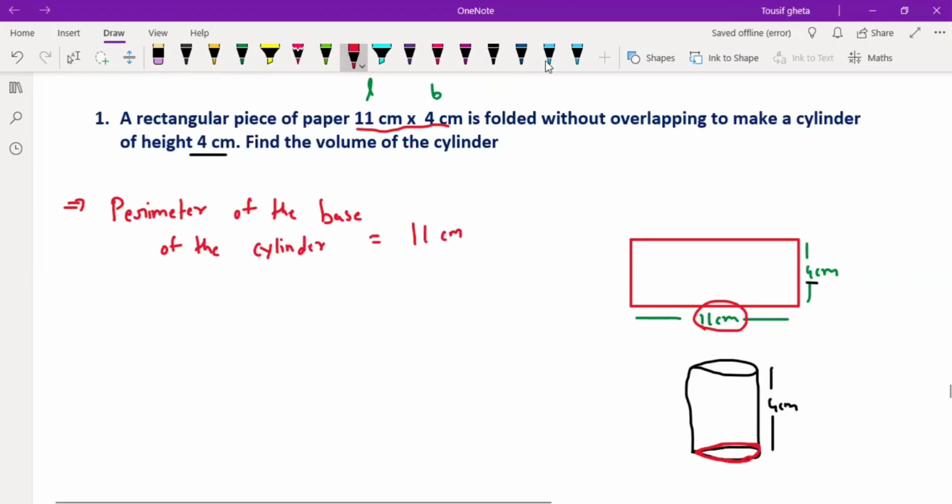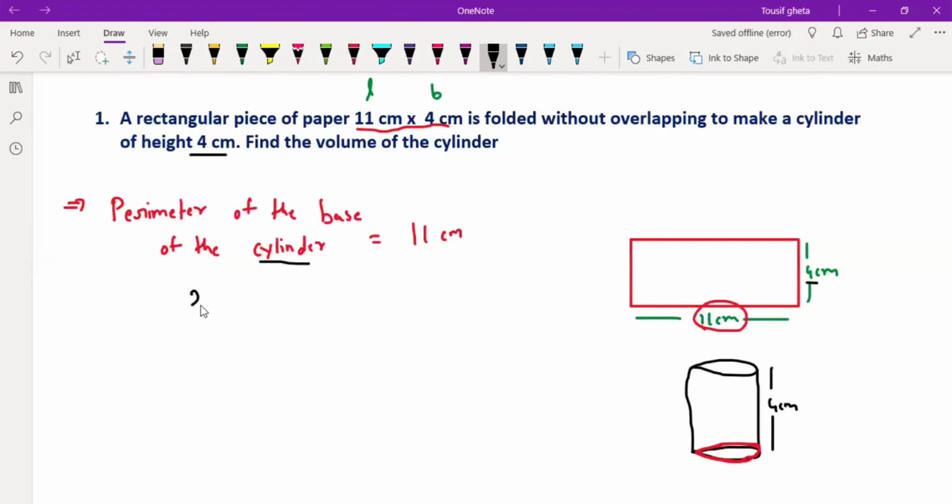We know the base of the cylinder is in circular shape, and the perimeter of a circle you can also call the circumference of the circle.